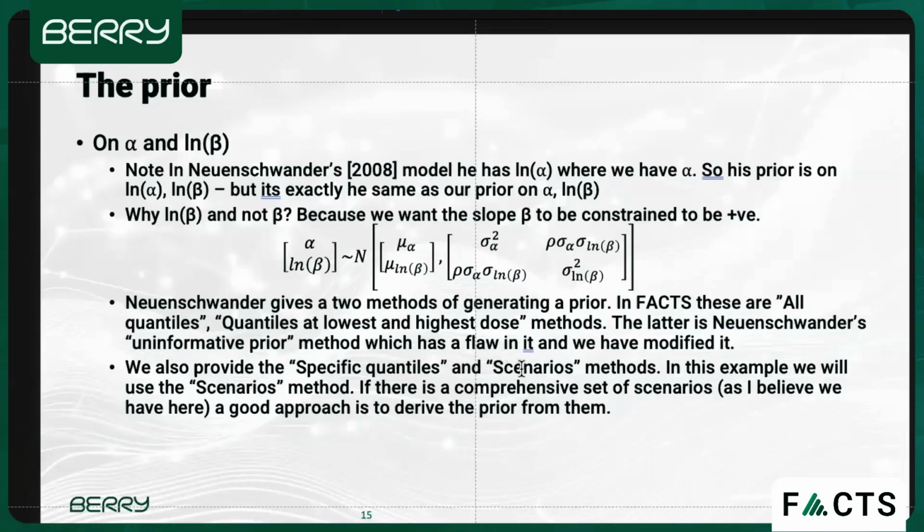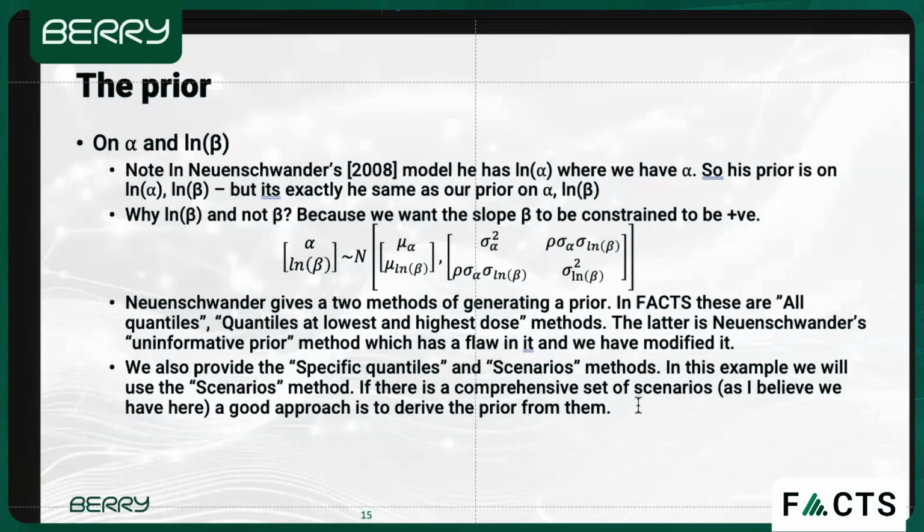And then there is also the method I prefer and we're going to use here, which is derived from the scenarios method. The thinking behind the scenarios method is that if in your design you've made sure you've got a very comprehensive set of scenarios to simulate, properly representing the range of uncertainty in both where the MTD may lie and also the steepness or shallowness of the slope going through that point, then we can simply derive the prior from them.